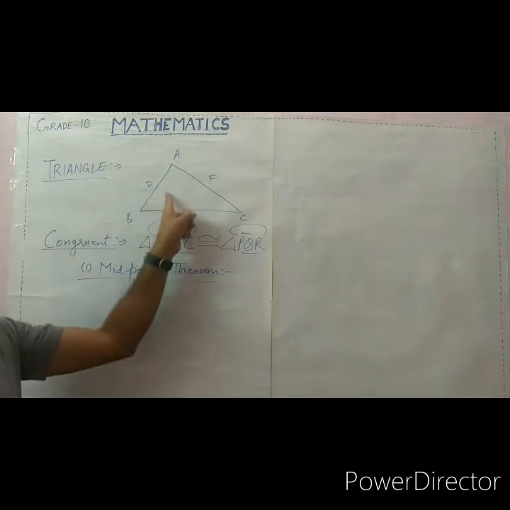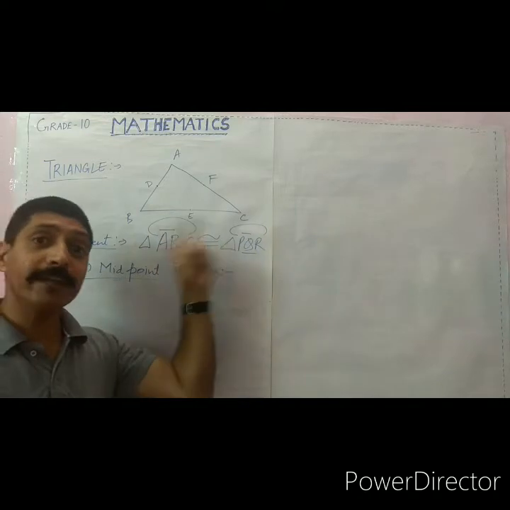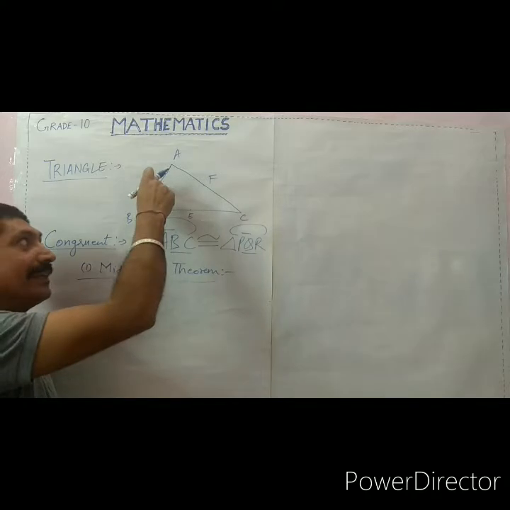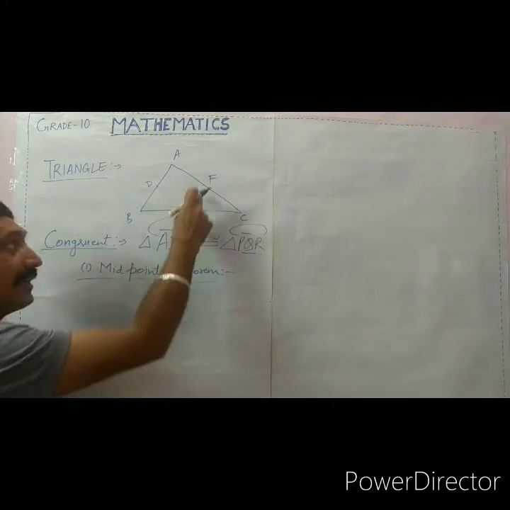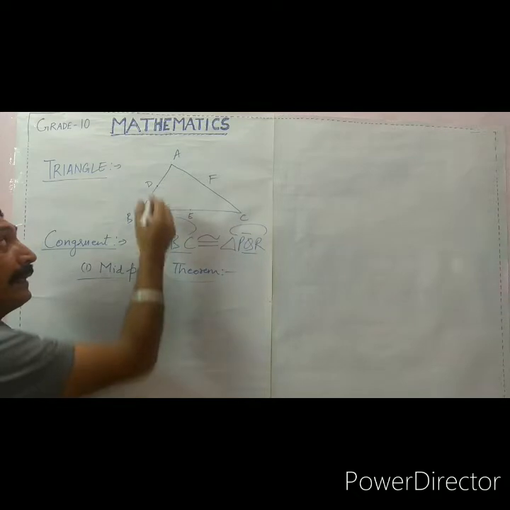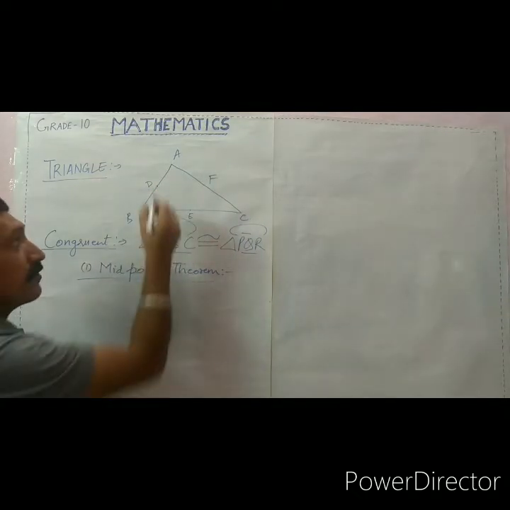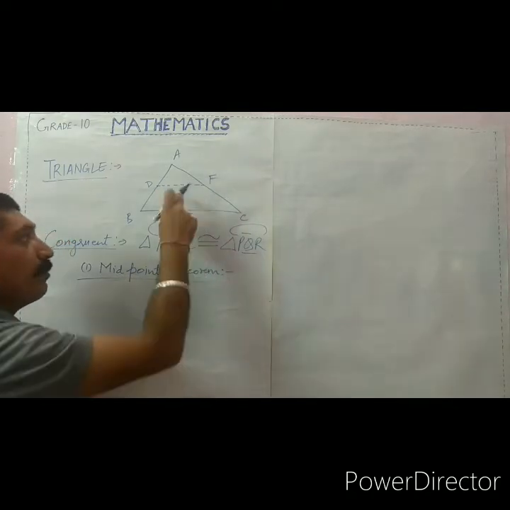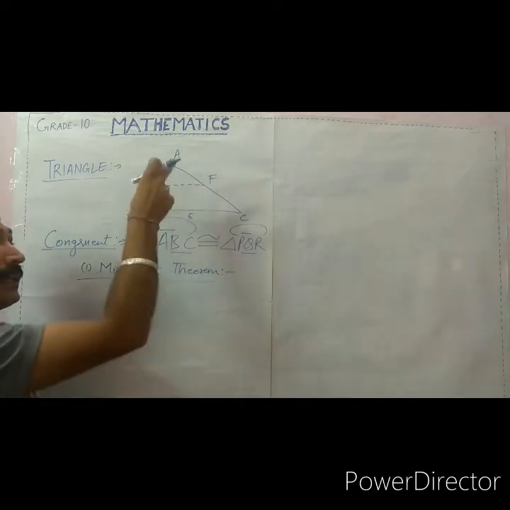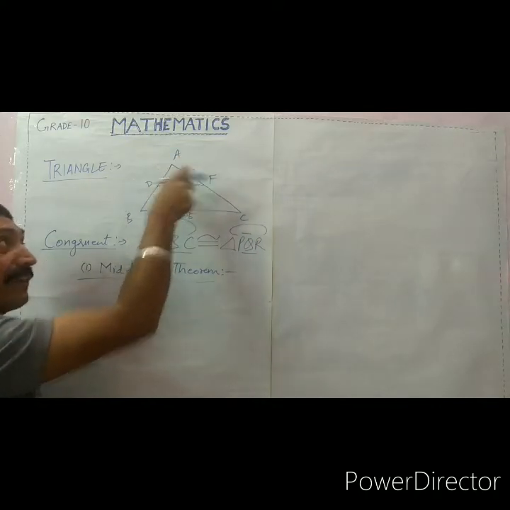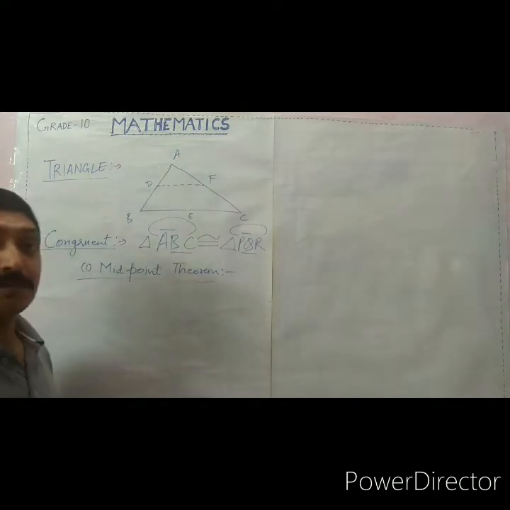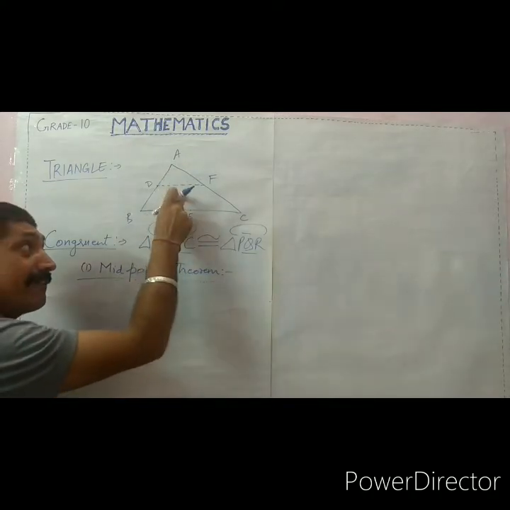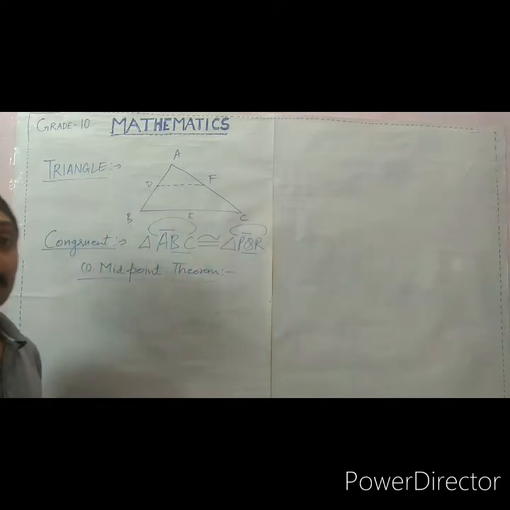So whenever we join the midpoints of any 2 sides, it may be AB and BC, meaning join D with E, or E with F, or join D with F. Let's suppose we are joining D with F. So the midpoint theorem states that this line segment DF is always parallel to BC, and this DF is always half of BC.